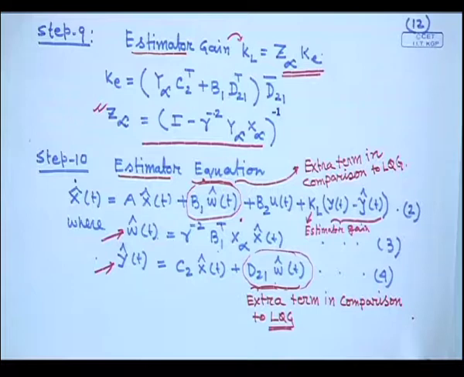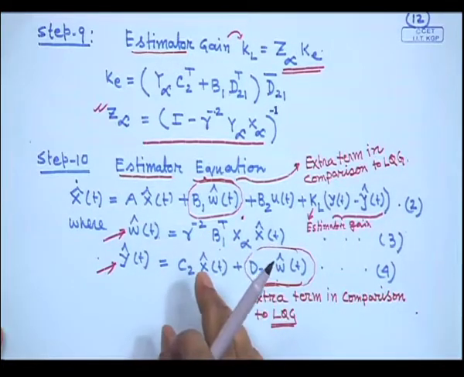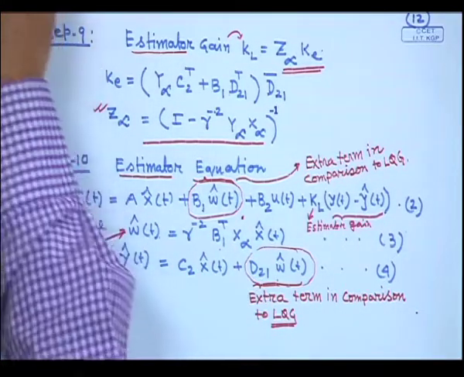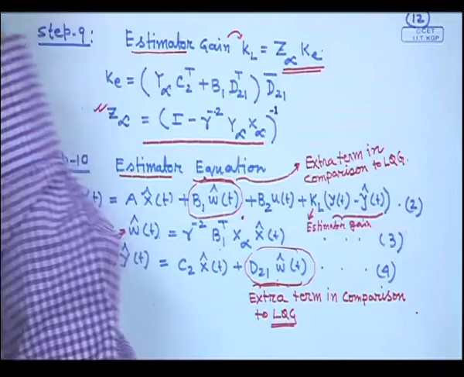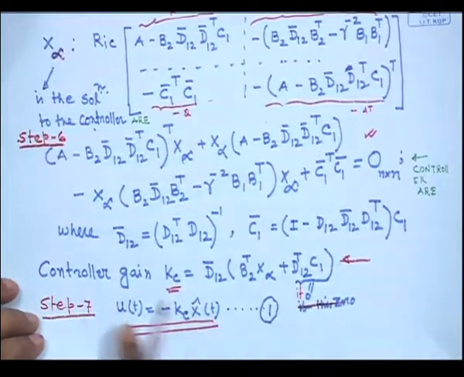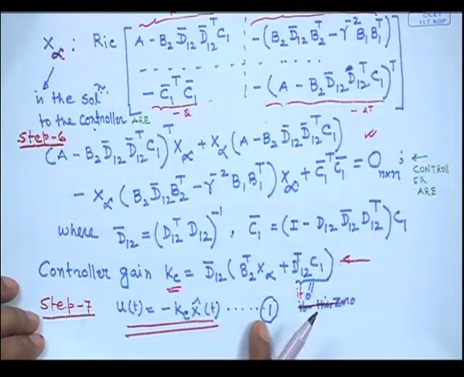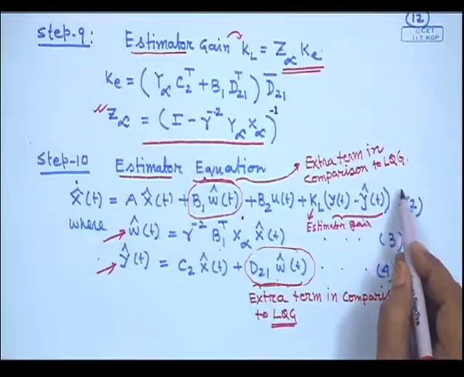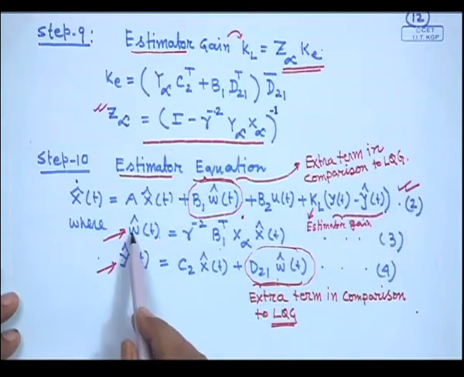I have given equation number 1, our controller gain control law, where u is equal to K c x hat of t. The estimator equation is 2, and w hat and y hat are 3 and 4.